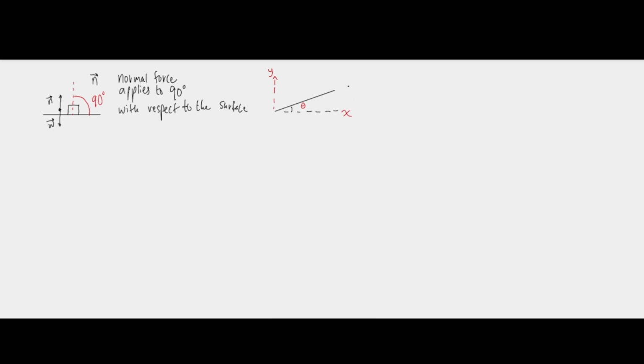If this angle really depends on your perspective, on how you're looking at it, then it's not unreasonable to say that we could draw an XY axis that is in line with this banked line.